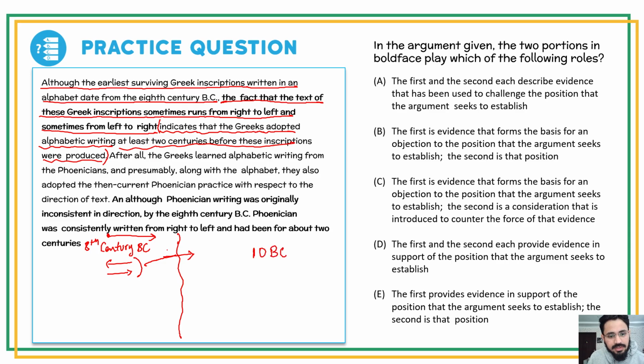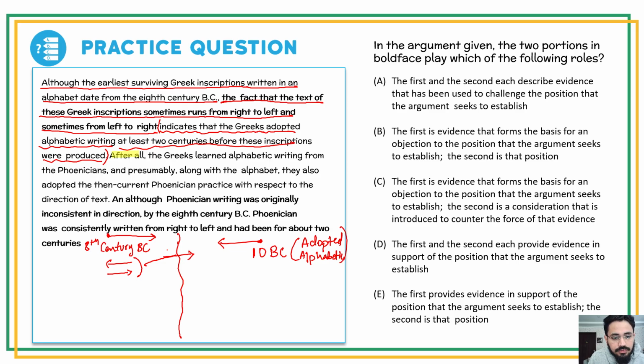Okay, so this somehow indicates they adopted alphabetic writing in the 10th century BC or before that, right? Of course, I'm writing slow because I'm explaining in parallel, but as you solve these questions, you'd be doing it fast. So adopting alphabetic writing 10th century BC or before that. Okay, fine, fair enough. Let's move on.